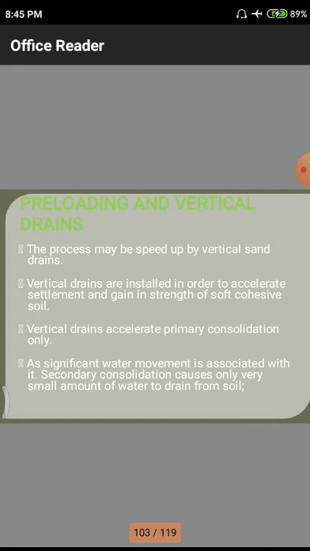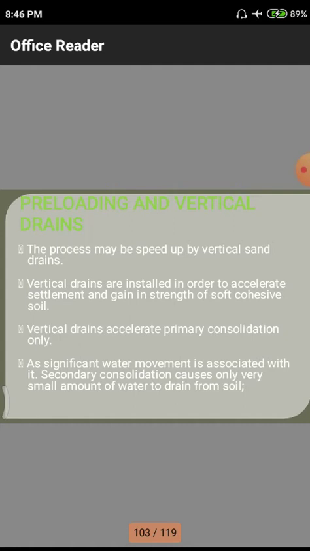In secondary settlement, we need to remove these voids by using a preloading technique. That means we improve the soil strength by removing voids using preloading. We place a huge amount of material onto the soil, so that the soil is strengthened by the removal of voids.